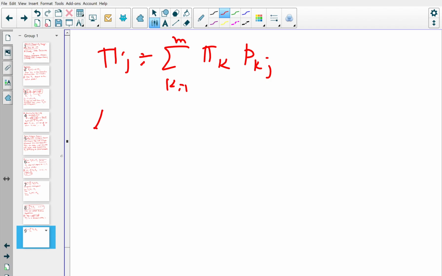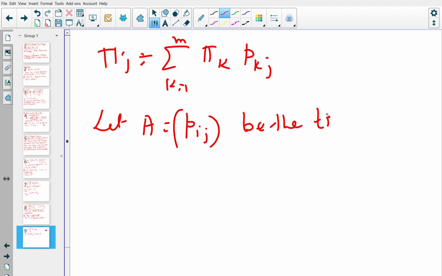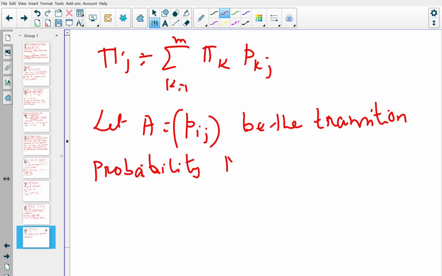Let A equal to P ij, the transition probability matrix.